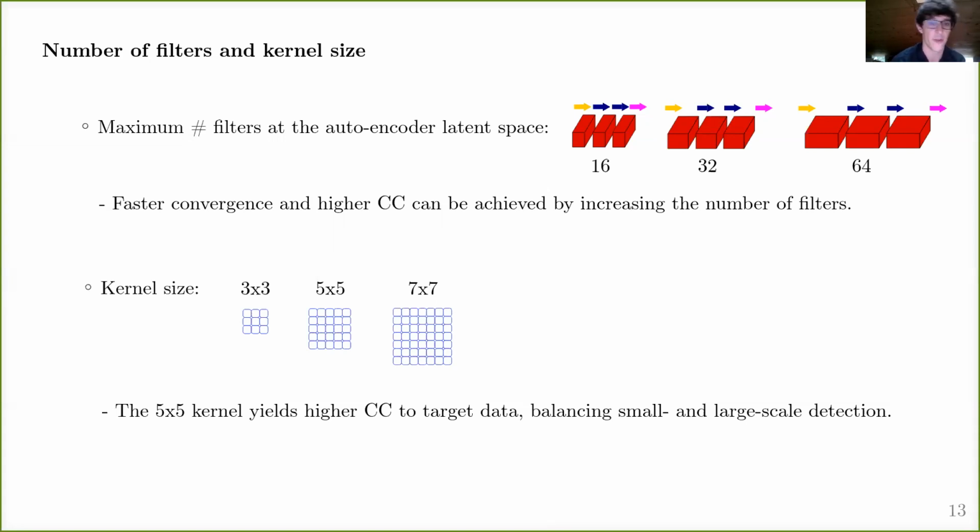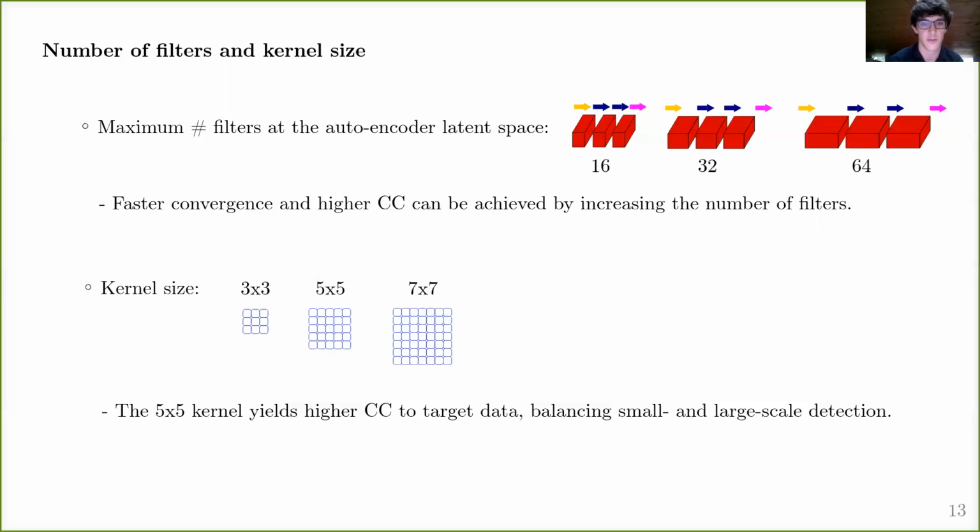Finally, we also tested different kernel sizes for these filters: 3x3, 5x5, or 7x7. 3x3 would be the minimum kernel size you would need to detect the flow structure in this case. Then 7x7 would be an arbitrary choice where we would already be missing the small scale structures a bit. We observed that a compromise between these two, the 5x5, was providing better predictions.